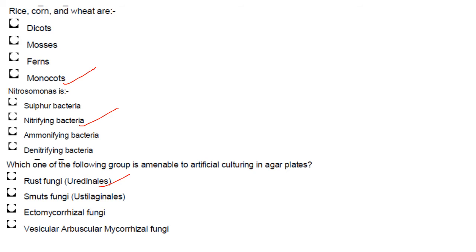Next one. Rice, corn and wheat are all monocots. So answer is option D. Then Nitrosomonas is a nitrifying bacteria.